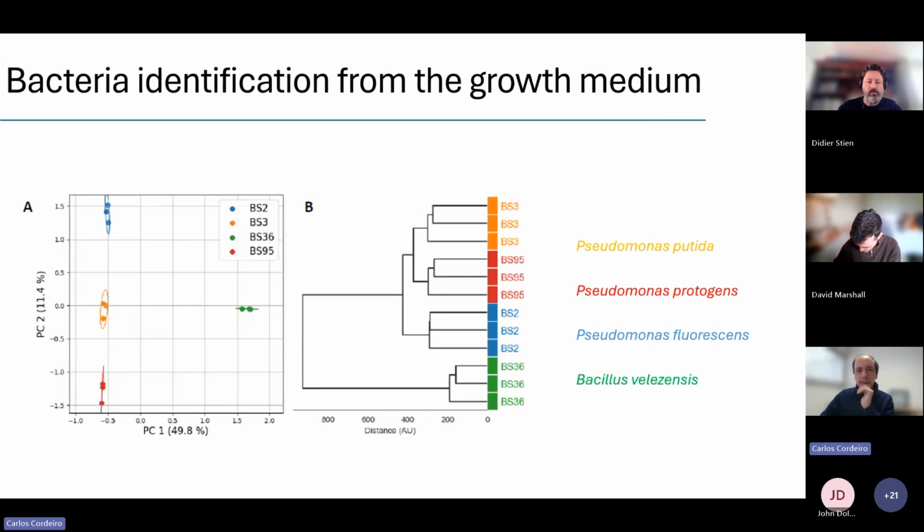And you can clearly see, just on a very simple statistical analysis, that the clustering clearly separates these 4 species. And if you look at this dendrogram, you'll see that the first bifurcation immediately separates Bacillus from Pseudomonas. So this has a lot of potential for identification and for fingerprinting.